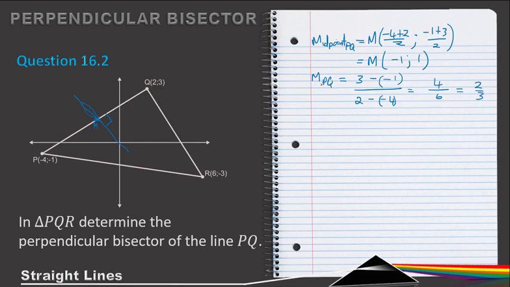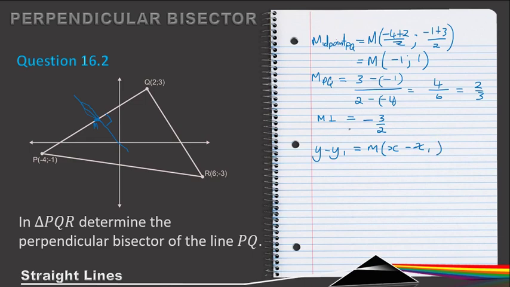And to find the perpendicular gradient of that, it's going to be negative 3 over 2 when I swap my numerator and denominator and change the sign. Okay, now we have everything we need, which we can just substitute into y minus y1 equals m times x minus x1.